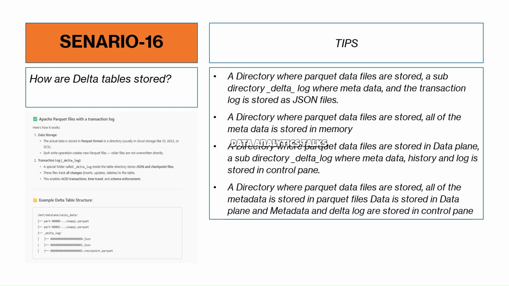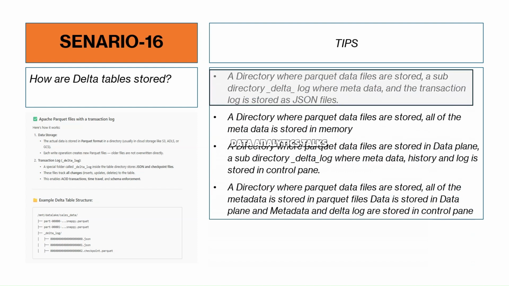Out of these, we have one correct option, that is a directory where Parquet data files are stored, and a subdirectory _delta_log where metadata and the transaction log are stored as JSON files. Got it. So remember that transaction files are stored as JSON and data files are stored as Parquet files, and they have a folder structure as you see here.